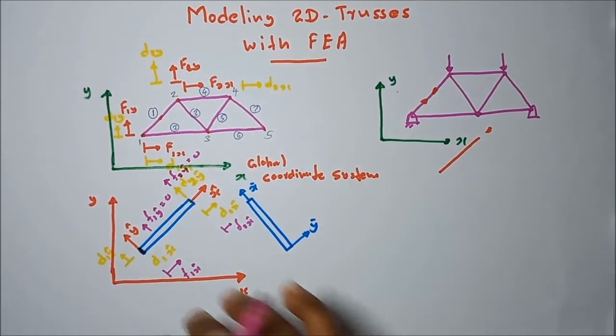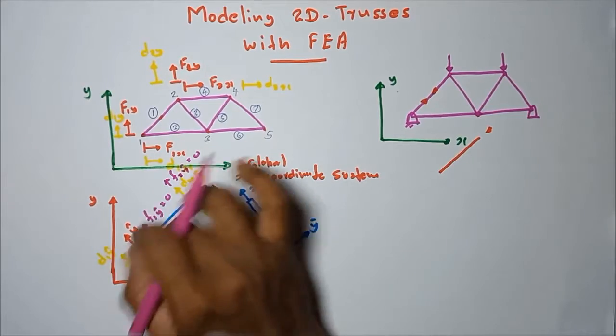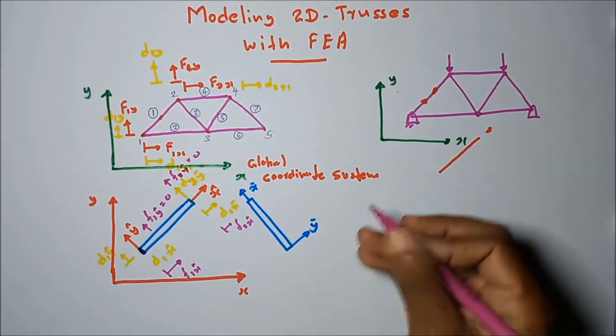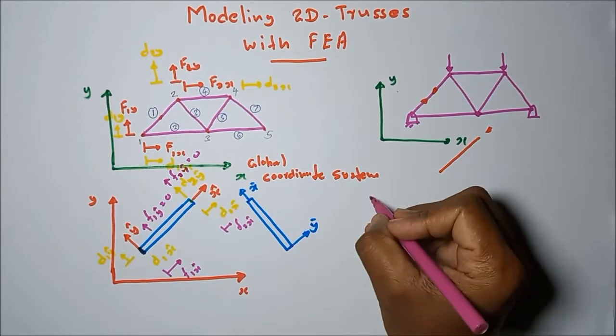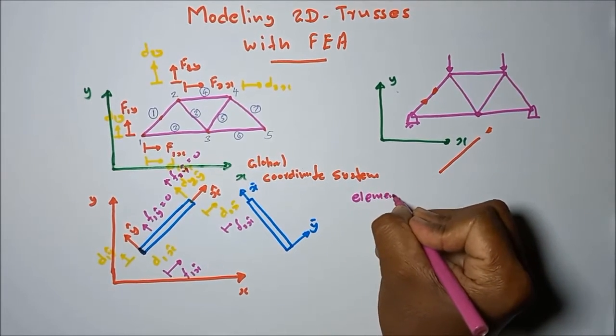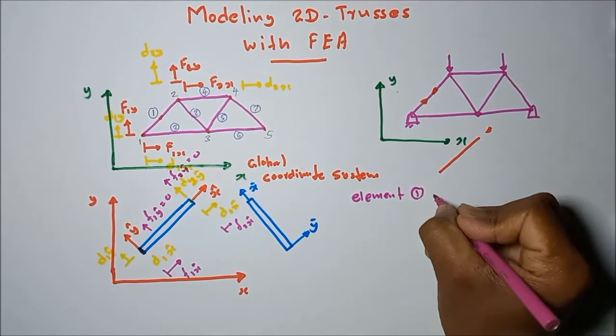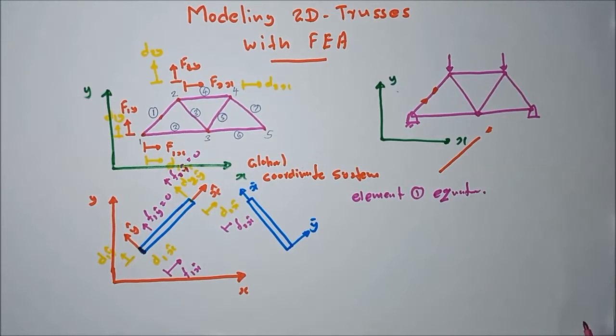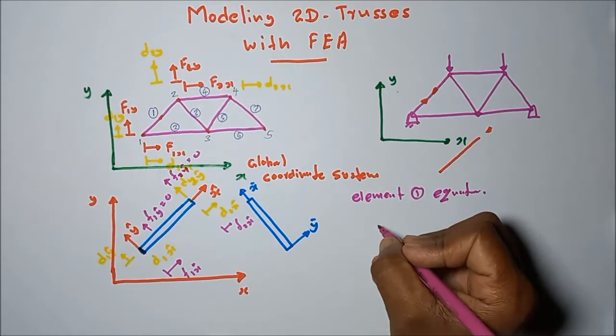Okay, then according to these marked displacements and local forces, we can write the element equation for element 1. Based on the local coordinate system, I am going to write the equation.